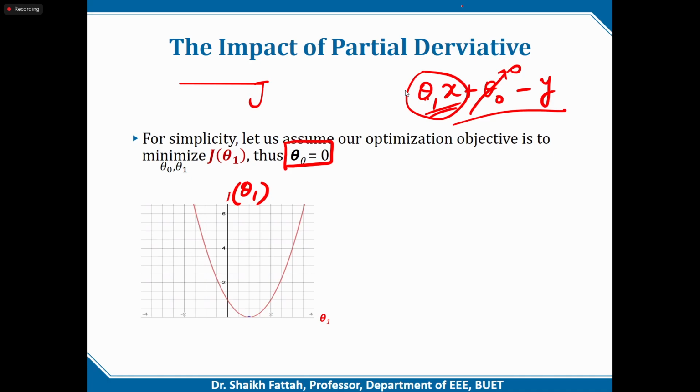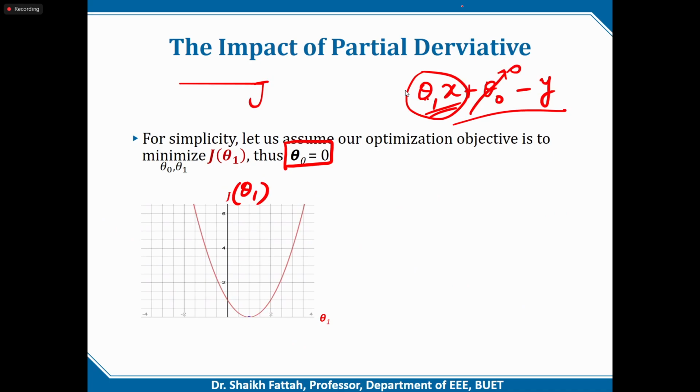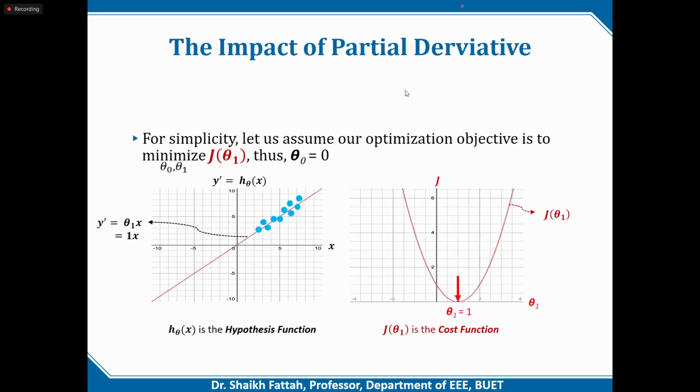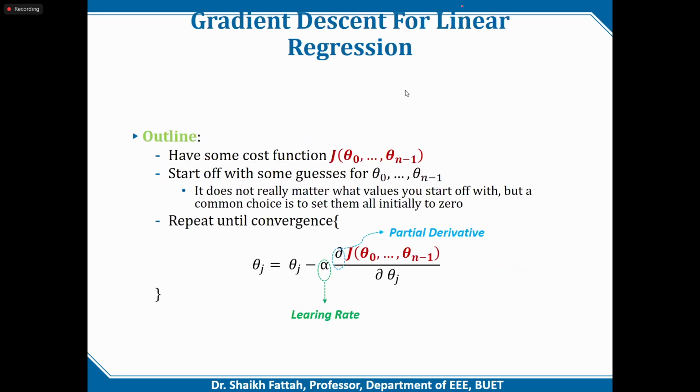So what we are trying to understand is the gradient descent formula for linear regression. So the formula is telling us this is the formula. What is it? This one is your new theta, and this one is the old theta.